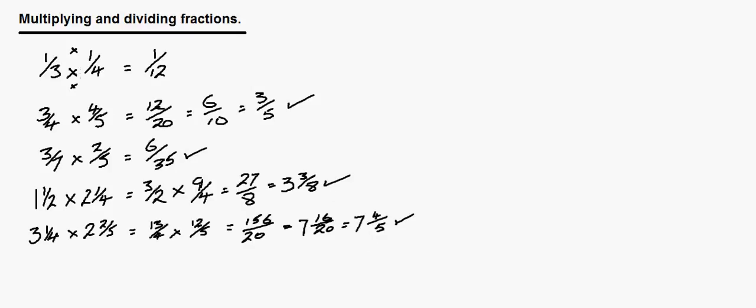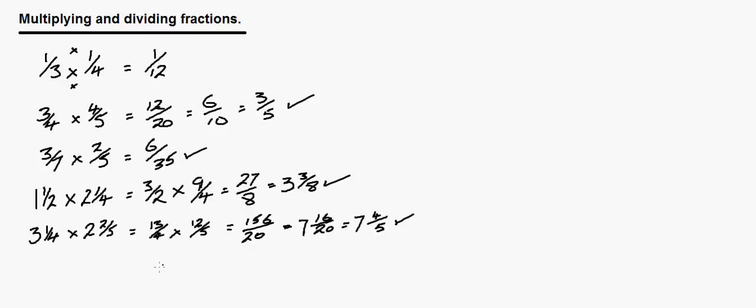So we've gone from the very, very simple to, I think, what's quite complicated, but the multiplication is always the same. We multiply across the top and we multiply across the bottom, and then can we cancel at the end?